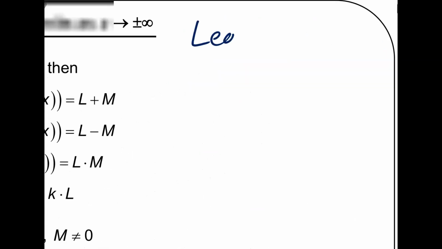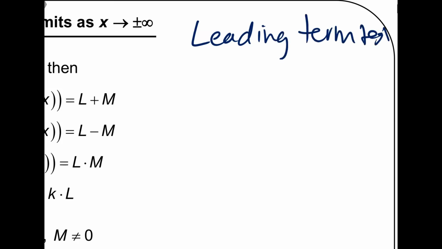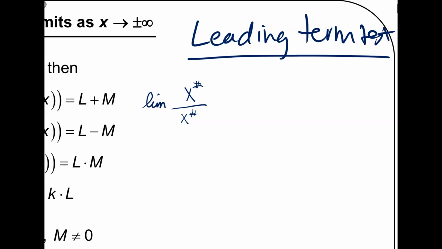So, leading term test. What if I have x to a number over x to the same number, limit as x goes to infinity? If it's the same number, they'll cancel out and it'll just be the ratio of the coefficients.